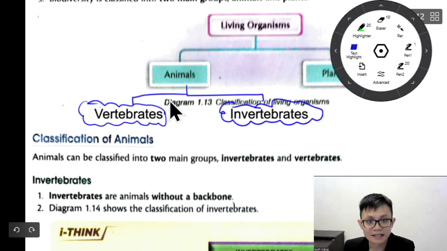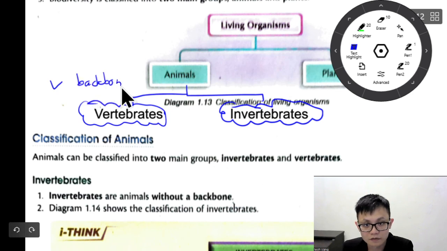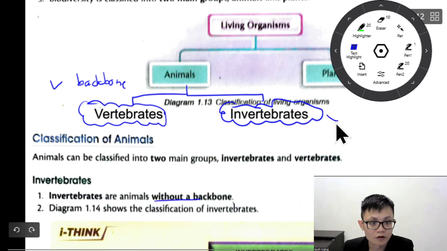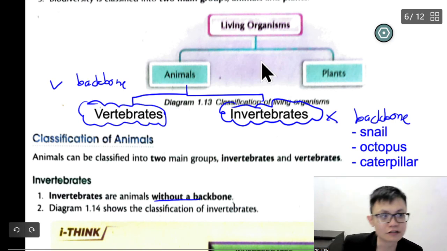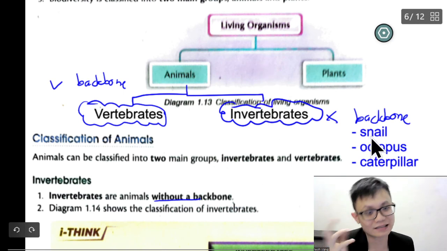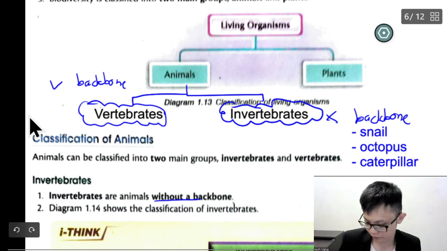A vertebrate is an animal with a backbone. An invertebrate is an animal without a backbone. Some animals don't have a backbone, correct or not? Can you give me some examples of animals that do not have a backbone? Okay, very good. Some animals don't have a backbone, like snail, octopus, caterpillar, and some animals have a backbone.